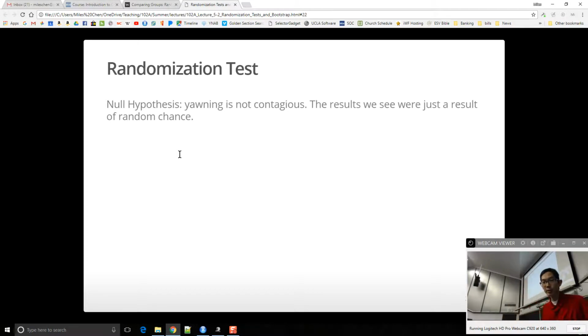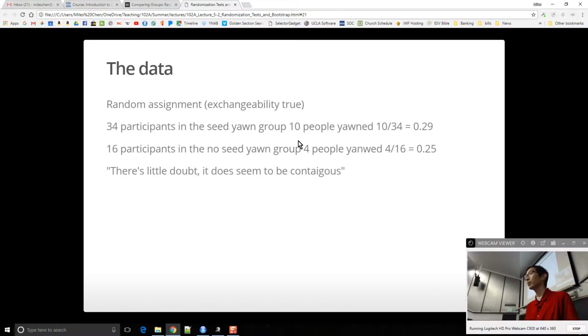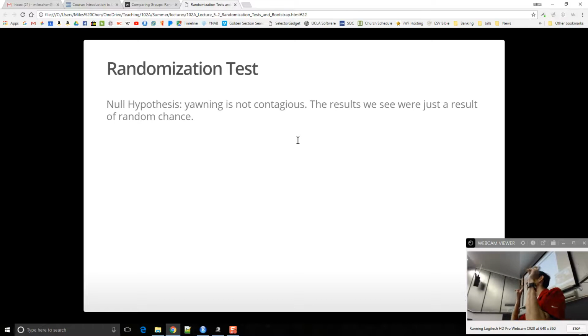In the randomization test, we start off with a null hypothesis that yawning is not contagious. The null hypothesis would say that the results we saw were just a result of random chance, meaning that 14 out of the 50 people were, quote, destined to yawn anyway, and just because of the way we randomly put some of them into the seed group and some into the no seed group, we happened to get 29 versus 25%.